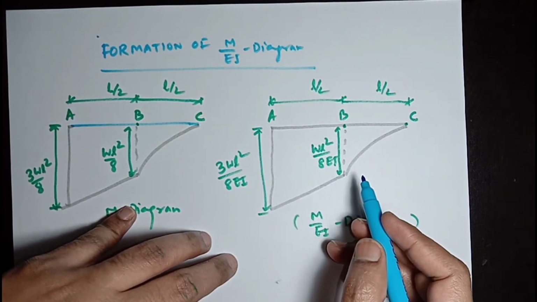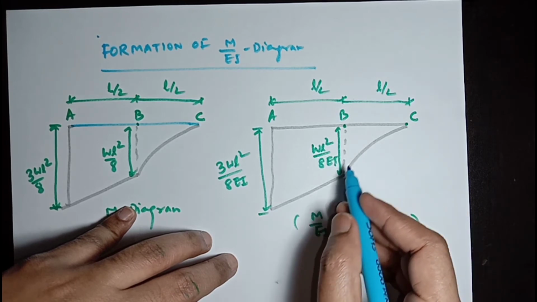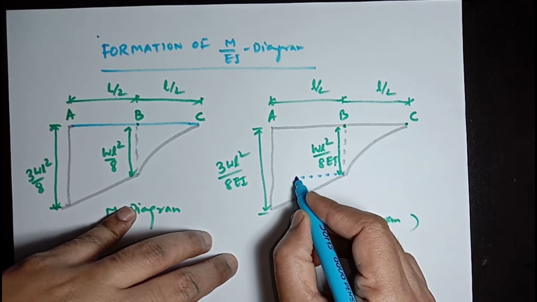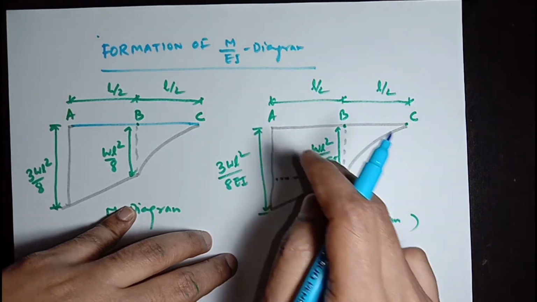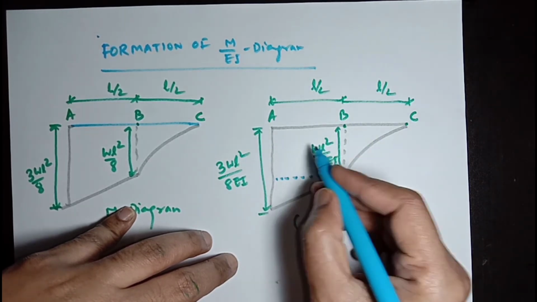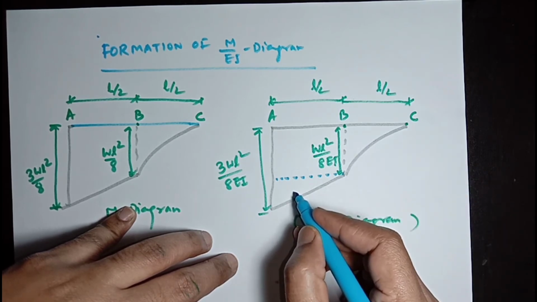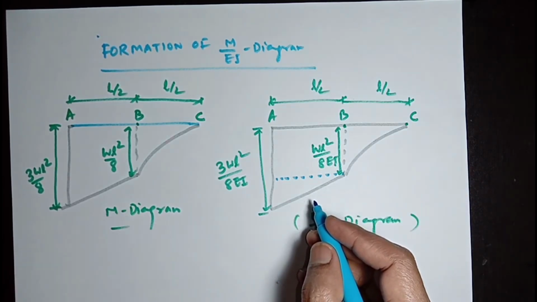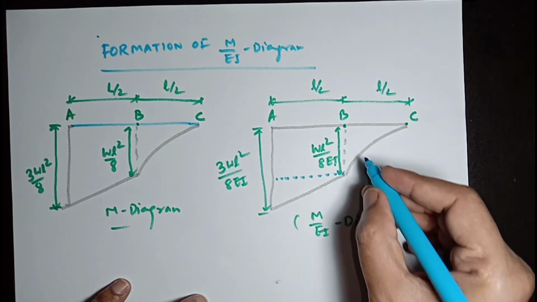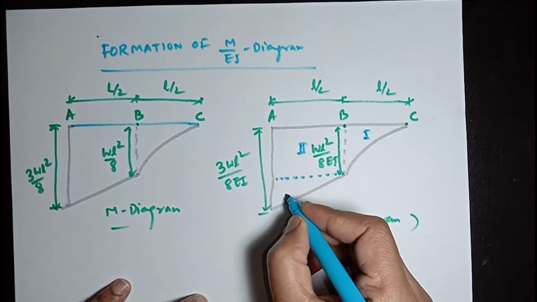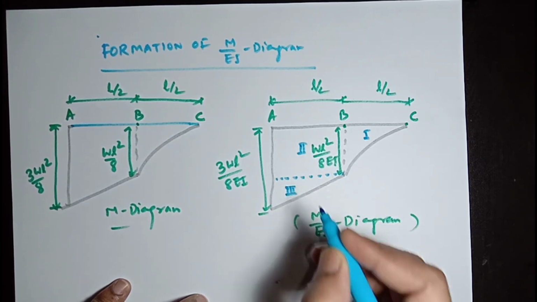In order to simplify it, we are going to divide this M over EI diagram into different regions. Let's say it's a rectangle, this is a parabolic shape, and this is a triangle. So let's say this region is 1, this region is 2, and this region is 3.